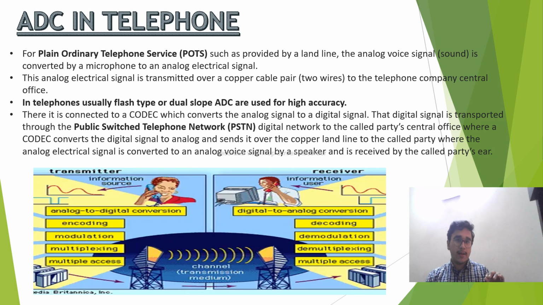When we talk, our voice hits the device, and it passes through the anti-aliasing filter, so that all the other high frequencies and unwanted frequencies get filtered out, and then it passes through the ADC, where a flash type or dual slope ADC is used to convert our signal into an output digital signal.